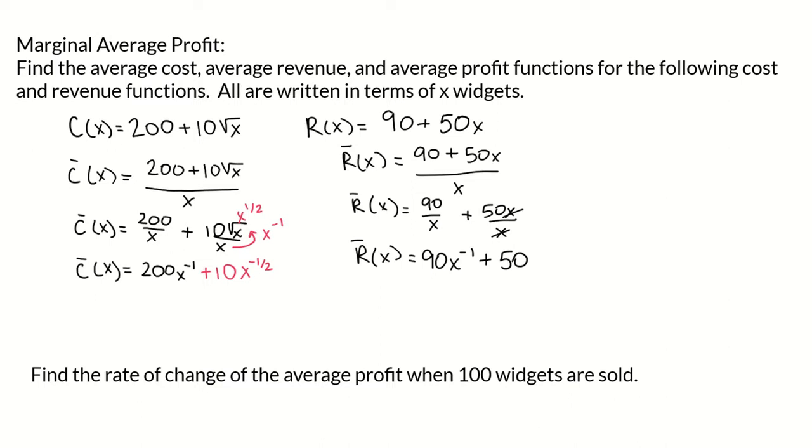And now we want to think about our average profit function. So we want to know what is P bar of X. Well, we didn't have a profit function at the beginning, but profit is equal to revenue minus cost. So average profit is going to be average revenue minus average cost.